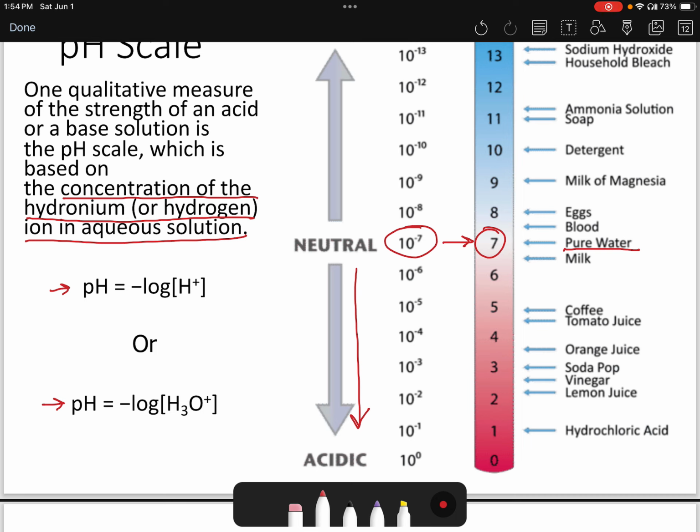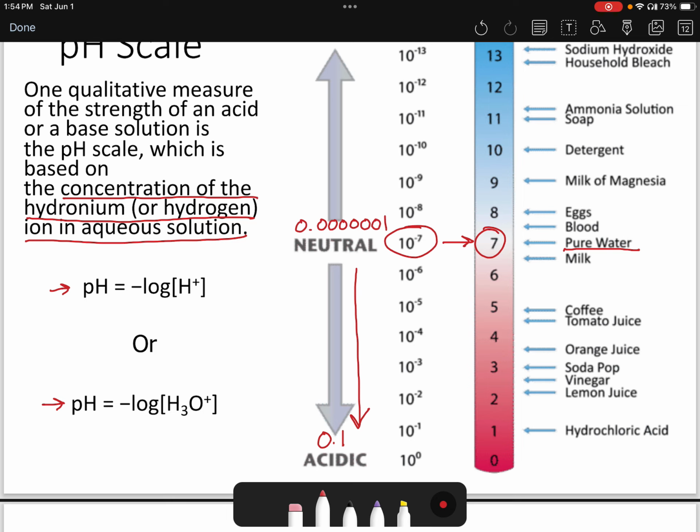So if we were to write this as a decimal, 10 to the negative 7 is 0.1, 2, 3, 4, 5, 6, 7. So that's a super small number. But if we write out 10 to the negative 1, that would be 0.1.